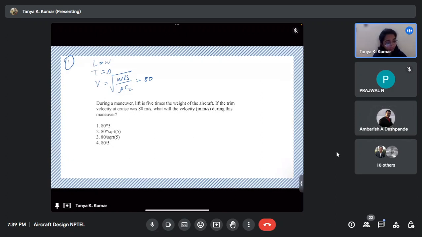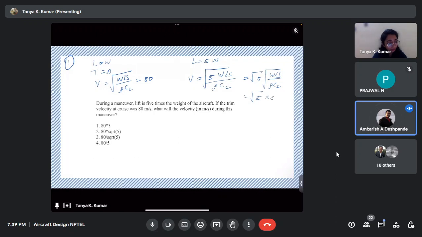Now case 2 is when lift has become 5 times the weight. So you can just write V equals under root 5 W by S by rho CL. So this is nothing but root 5 into 80. Correct? So that is the right option.